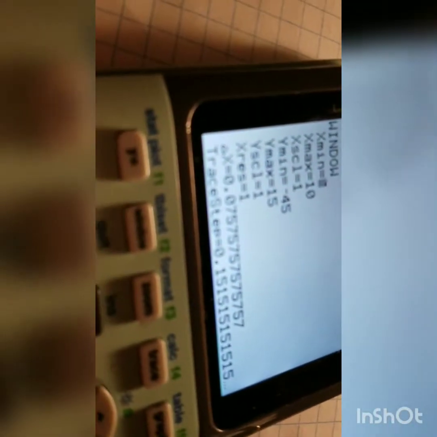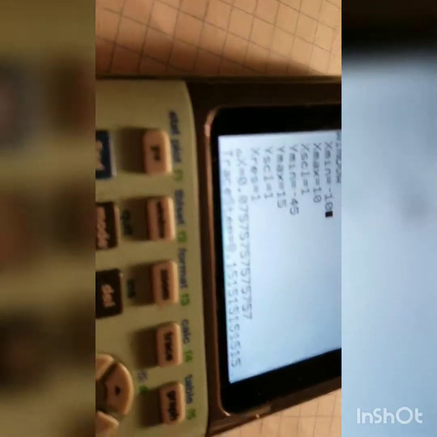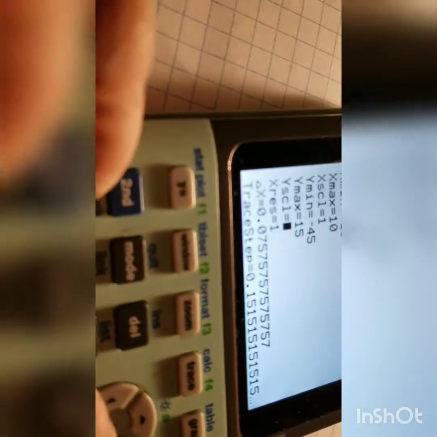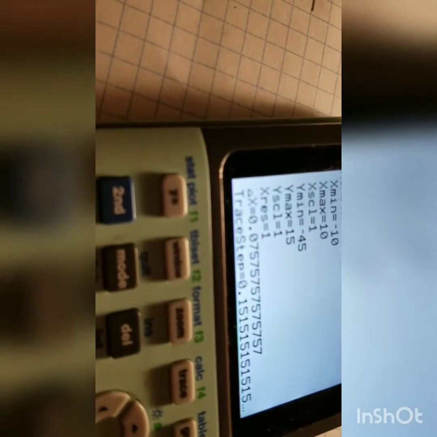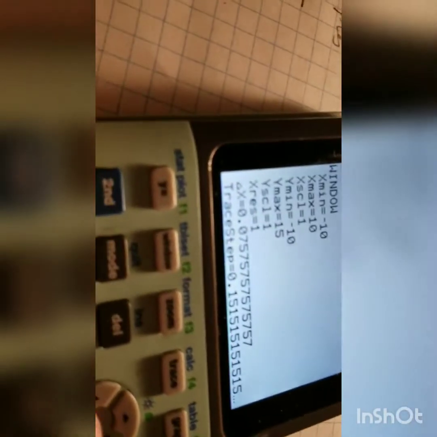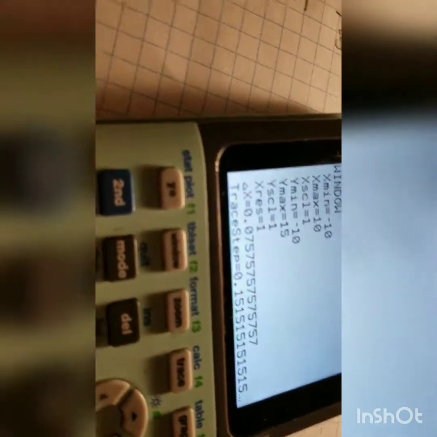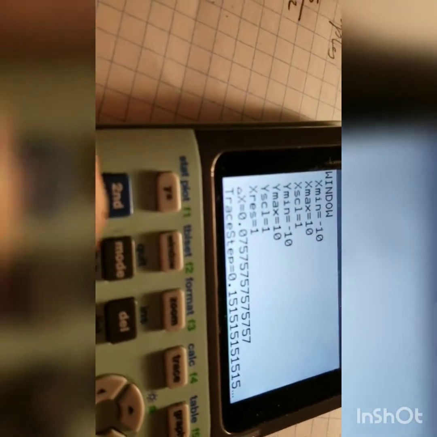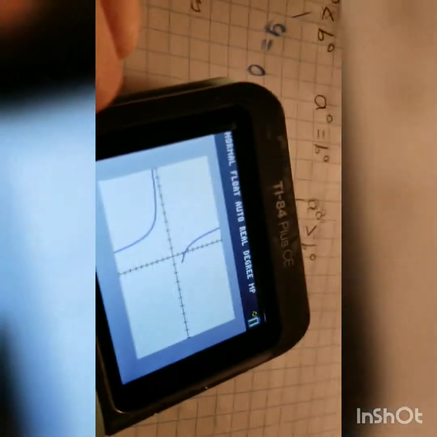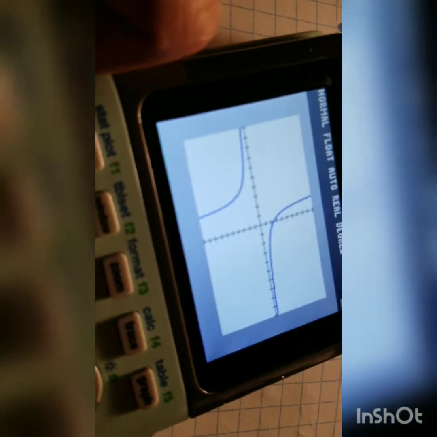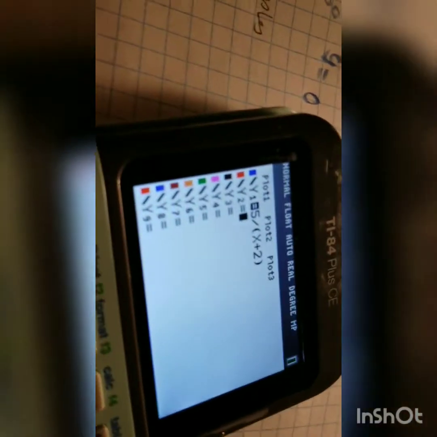Wait, let me fix my window settings for a sec. Alright, we're gonna keep it simple. Let's see. Isn't that zany? Let's make y equal to 0 here on y2.